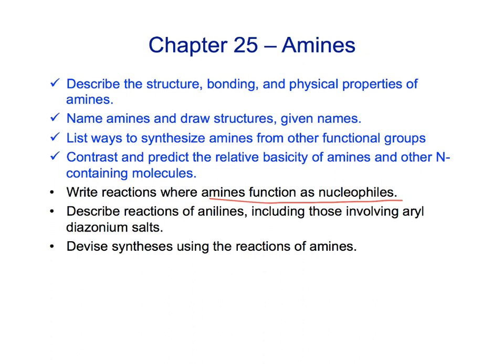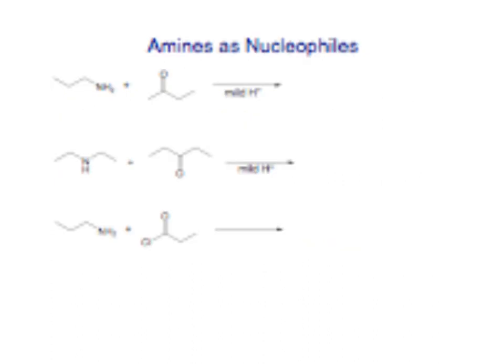All right, so I added in this slide, but this is just a couple of examples of amines acting as nucleophiles. The top two are related to the reaction we just saw on the clicker question, but they don't have the reduction part of it.